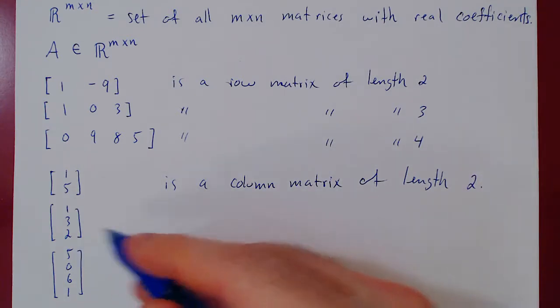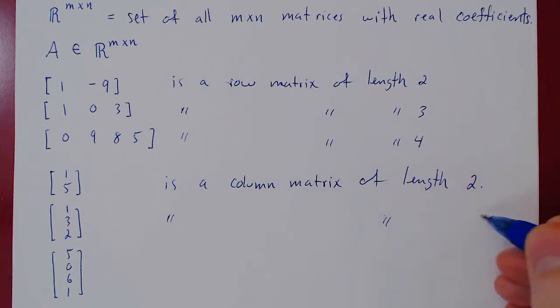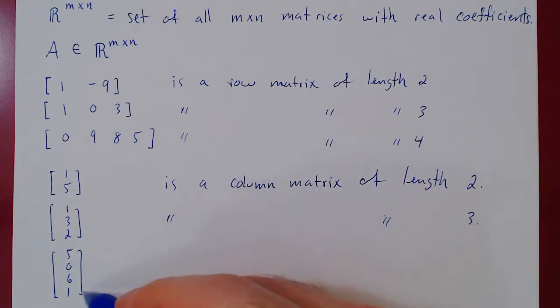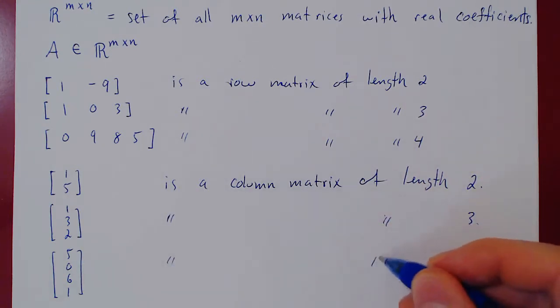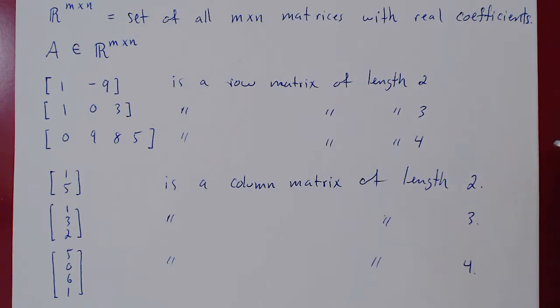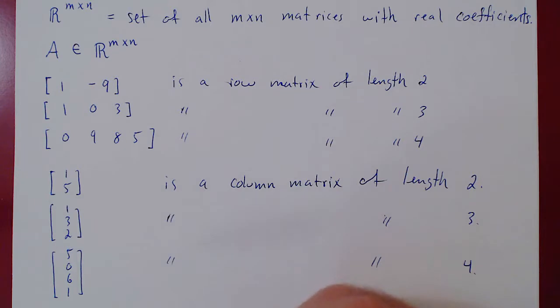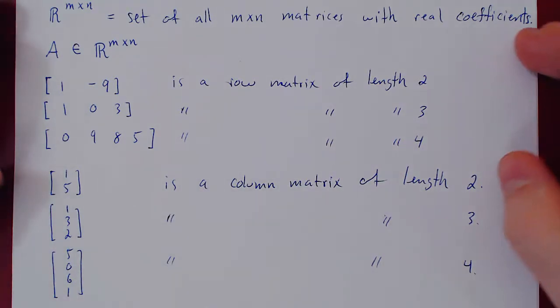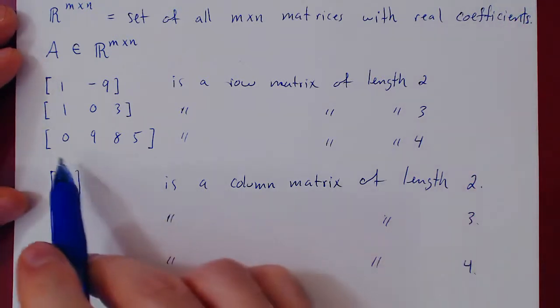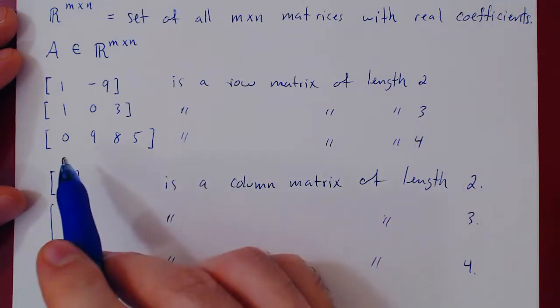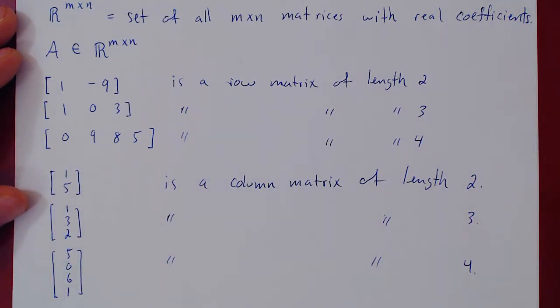Obviously, this is a column matrix of length 3. And this is a column matrix of length 4. So in general, if you have a column matrix of length n, it is a single column that contains n entries. And now we will define matrix multiplication first between a row matrix and a column matrix.